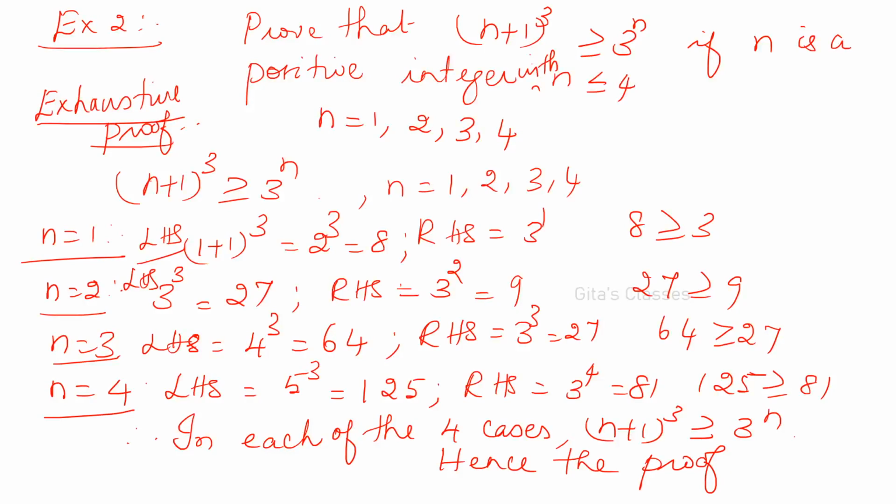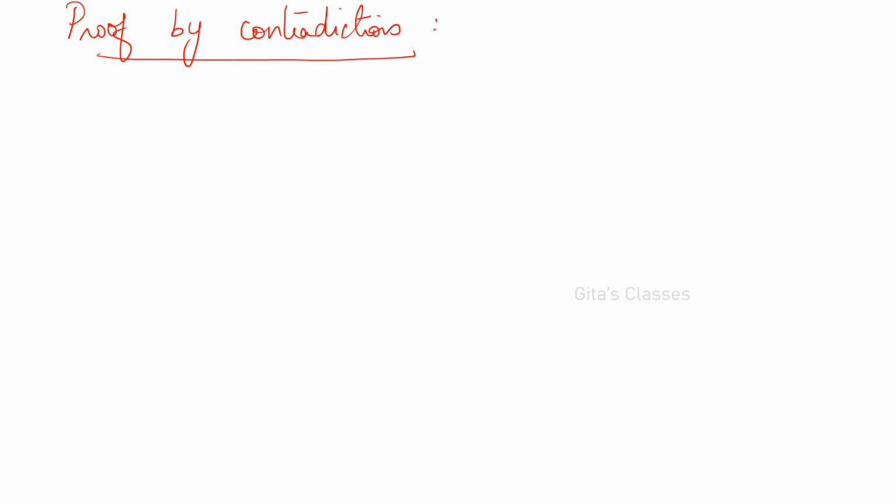Okay. So next is proof by contradiction. Proof by contradiction we have already seen as the indirect method.